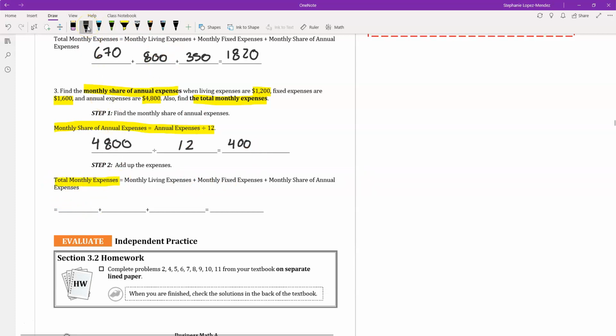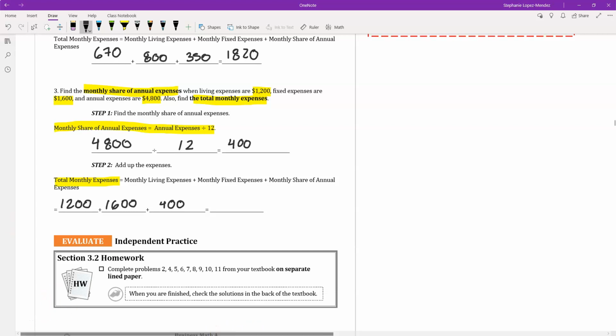So we go back and we say, our living expenses, according to the example, were $1,200, and then our monthly fixed expenses is $1,600, and our monthly share of annual is what we just found, that's $400.